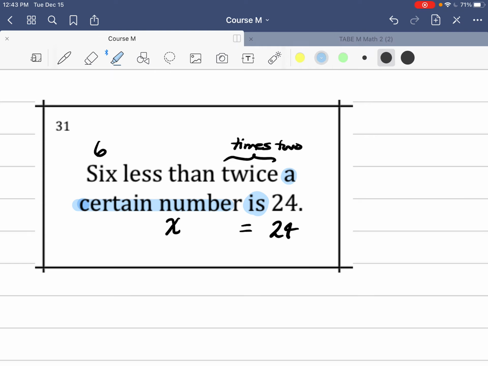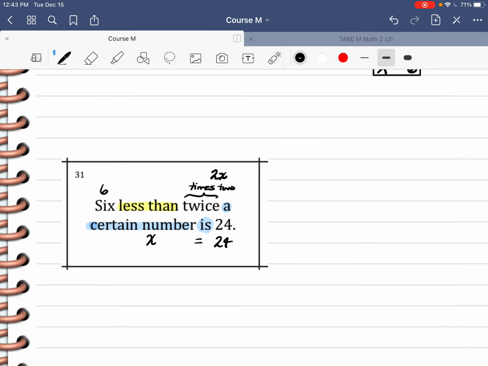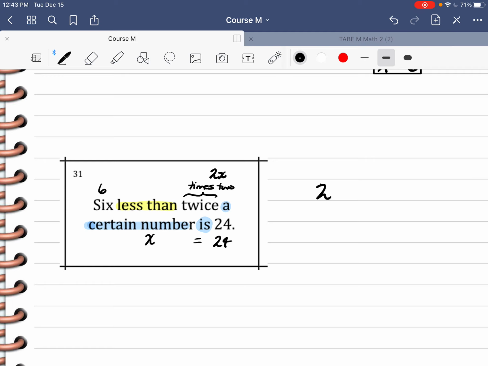And less than means to subtract and reverse. So this is saying 2 times x, and we have to reverse it. So we're going to put the 2x first and then the minus 6. That's the reversing. 6 less than twice a certain number is 24.